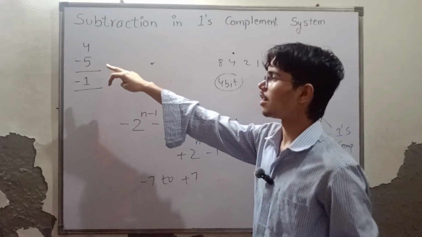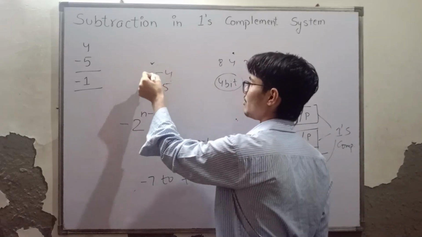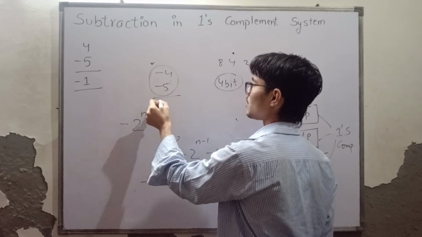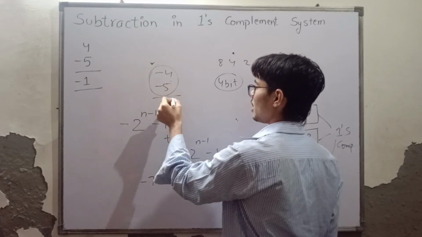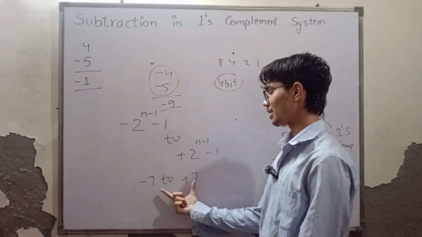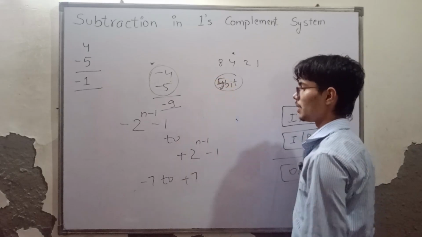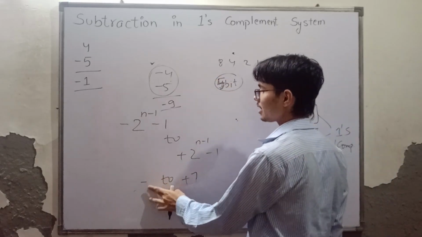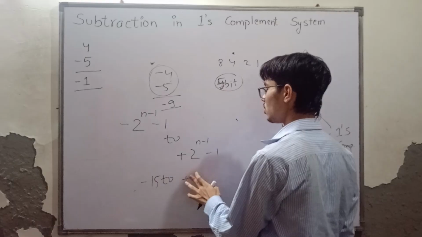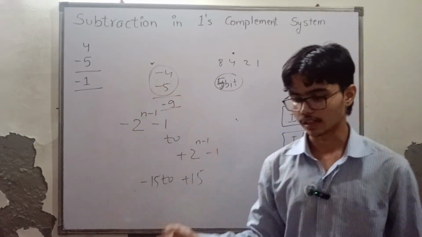But when this scenario comes, minus 4 minus 5, then we add these two numbers and the answer is minus 9. This cannot be represented. It creates overflow and gives us a wrong answer. That's why I have to take a 1-bit larger, 5-bit number. When I take 5 bits, the range becomes minus 15 to positive 15, and then this number can also be represented.